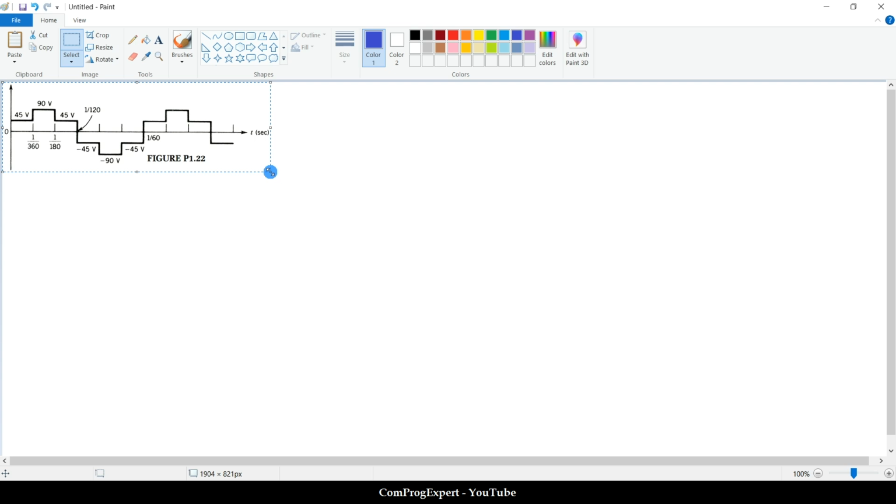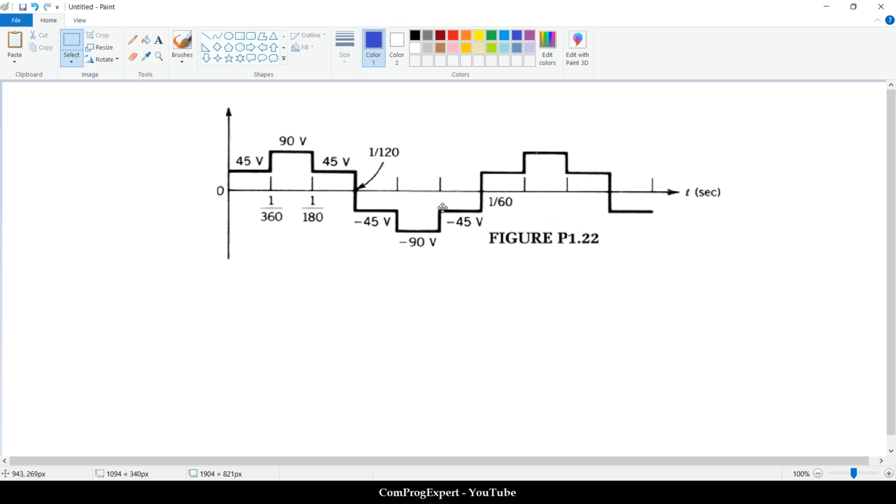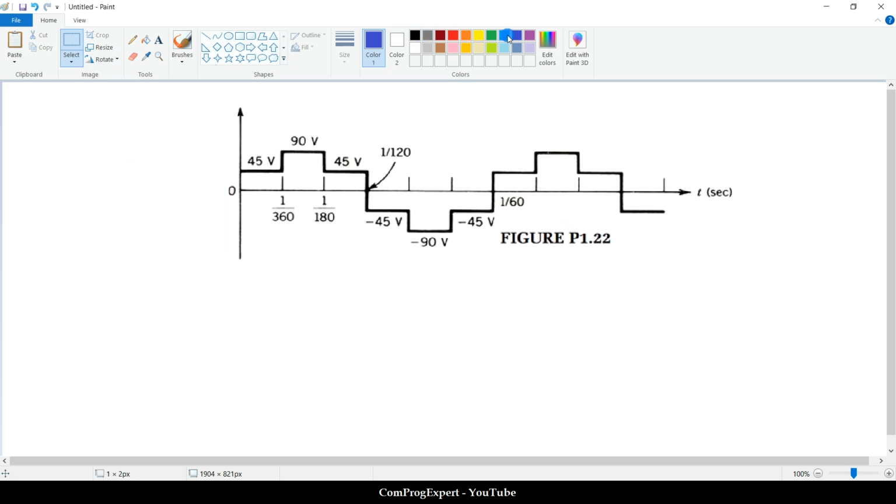Here we have this function. This is time span 1.